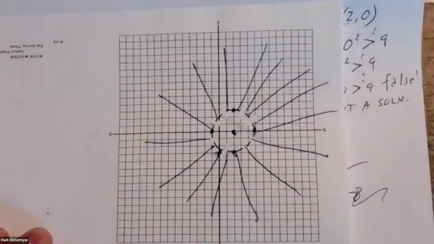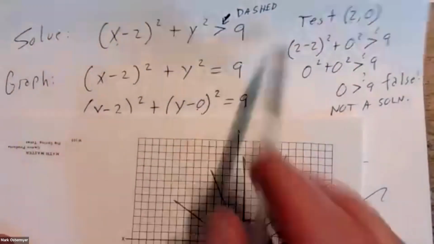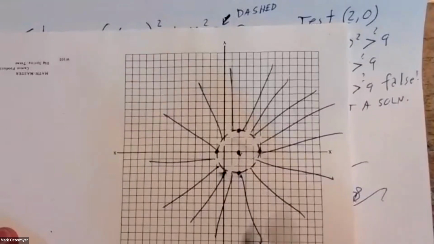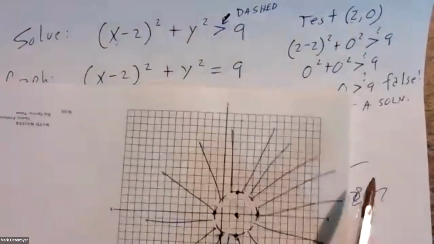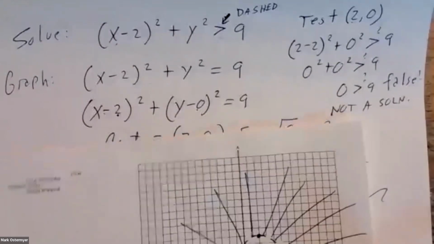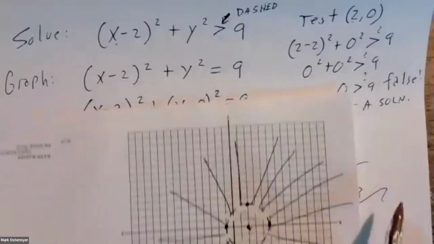Any point that lies outside this circle is a solution to this inequality. Any point that lies on the circular boundary would not be a solution to this inequality. Everybody understand how I solved that circular inequality for its solution set? Yes.